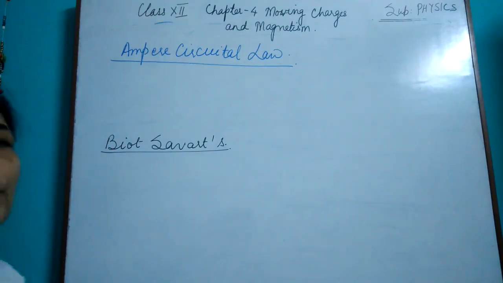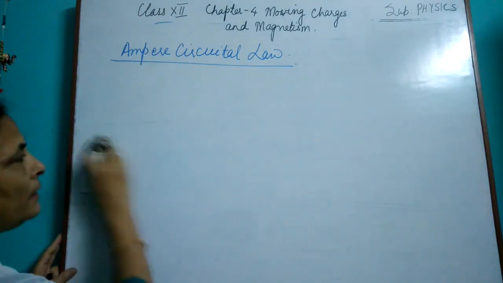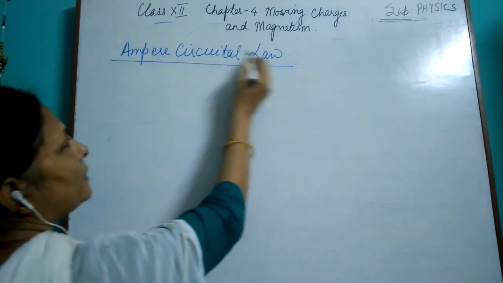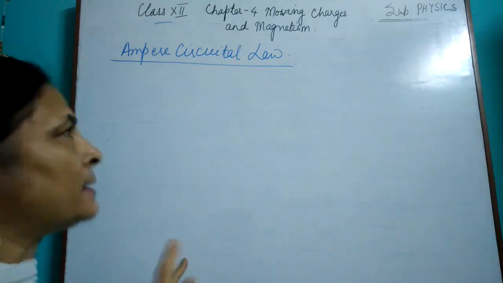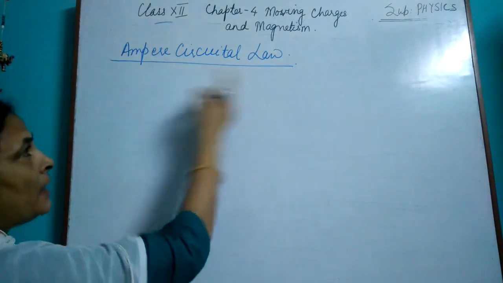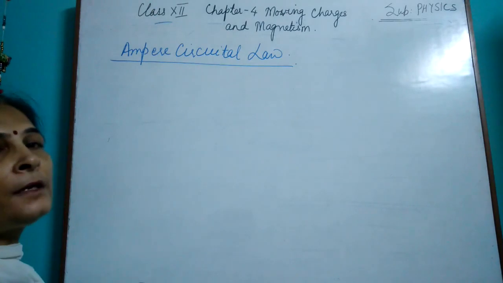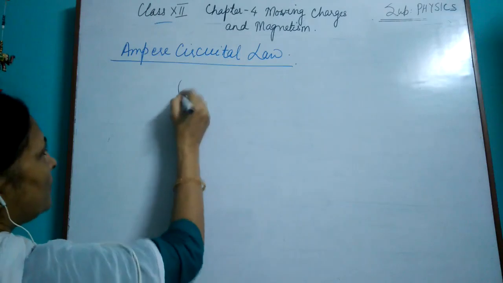Now we'll discuss another method to find out magnetic field. That is Ampere's Circuital law. Now what does this law state? See, the statement of this law you can remember from its mathematical expression, that will be easier.